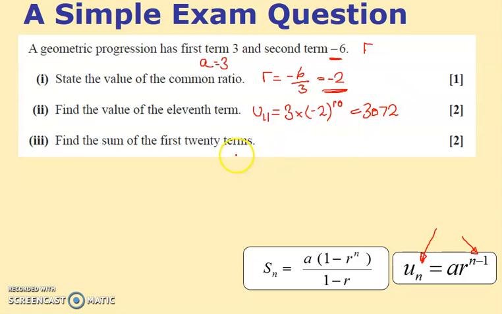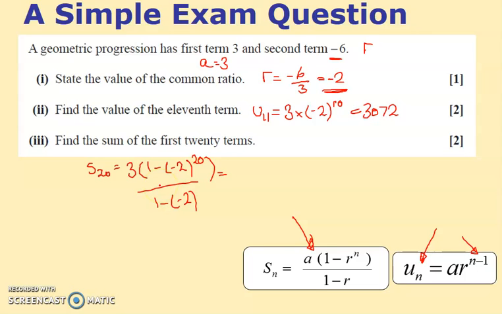And the last one, the sum of the first 20 terms. So the sum of the first 20 terms, obviously we're using this formula here. a was 3. 1 minus r, what was that? That's minus 2 in the bracket to the power of 20, close bracket, over 1 minus minus 2. The minuses are probably the easiest place to go wrong in this.